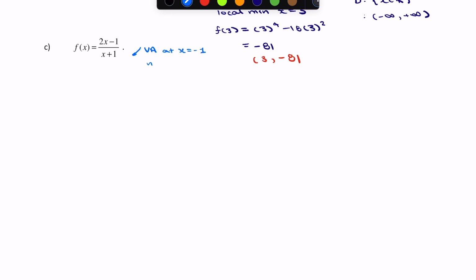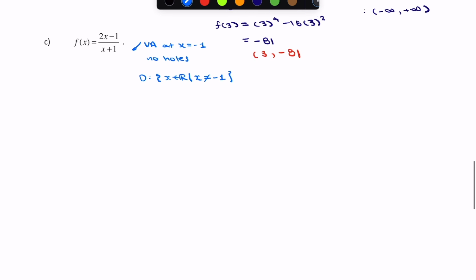However, you have no holes here. And so here we can state again that our domain here will be x is an element of real numbers. However, x cannot be equal to -1, because that's where the vertical asymptote is.